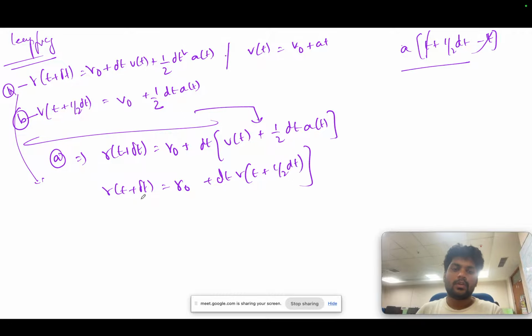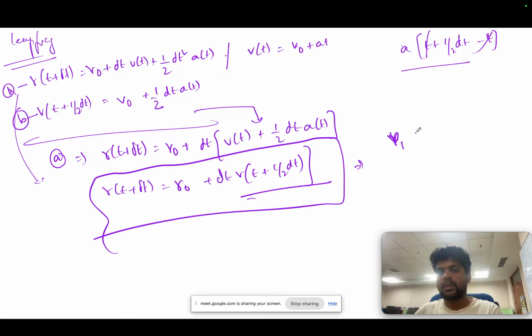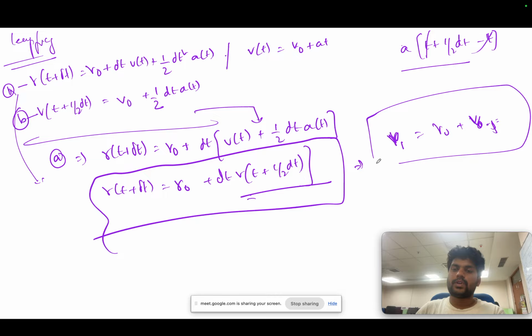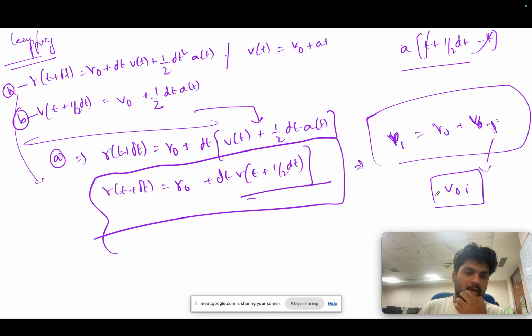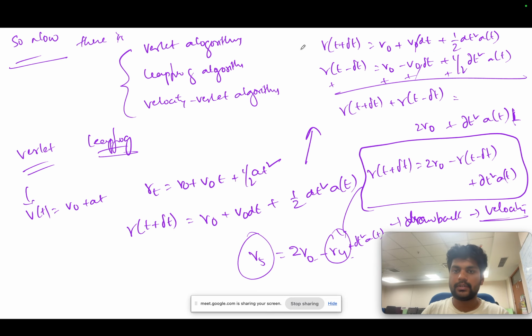So what does this formula say? If you know the velocity before, suppose you want to find out r1, you need to have the coordinates of r0 plus the coordinates of v 0.5. Now to get v 0.5, how will we get the 0.5? This is another question. For this we will do the same way as we did for this one.